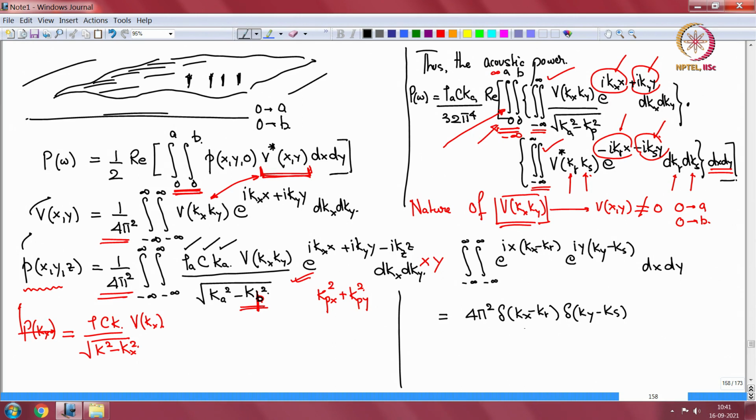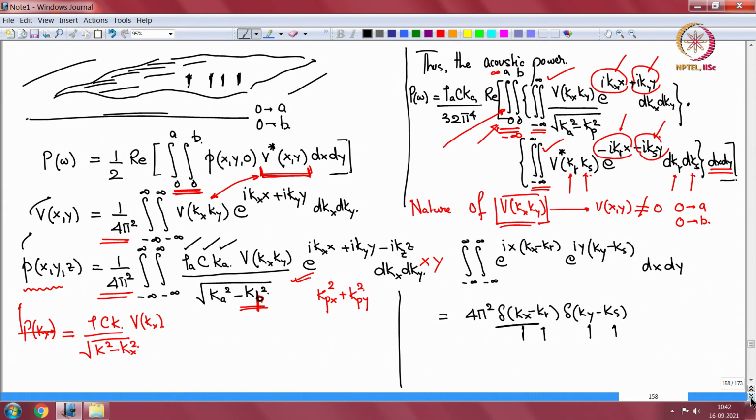So the delta function will force kx to be equal to kr and ky to be equal to ks.